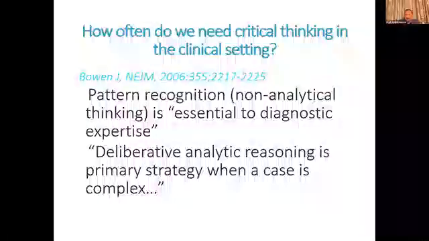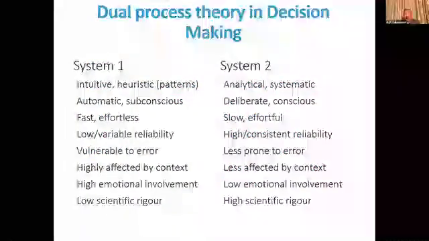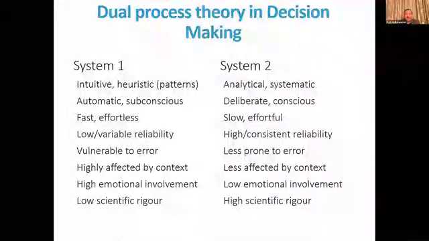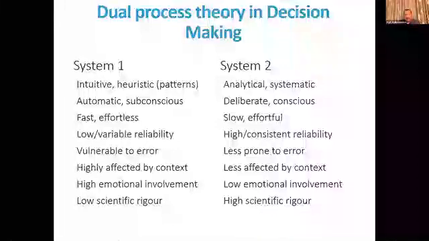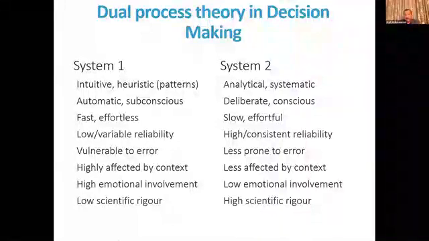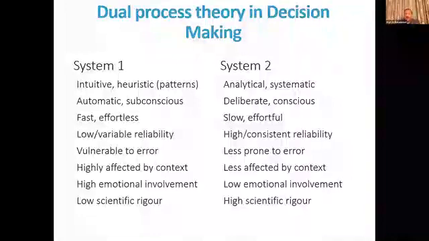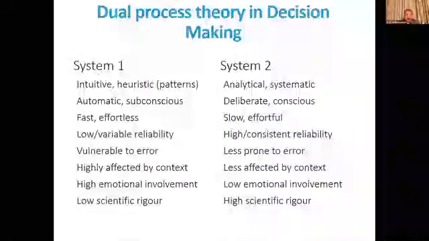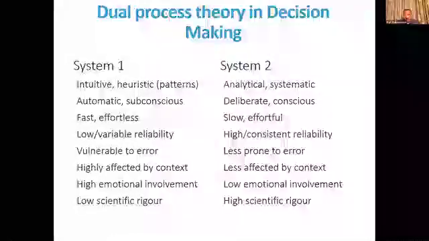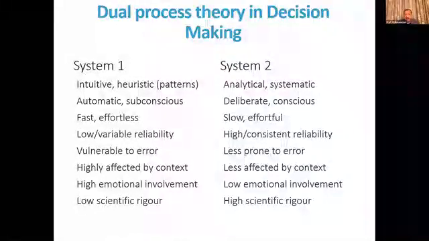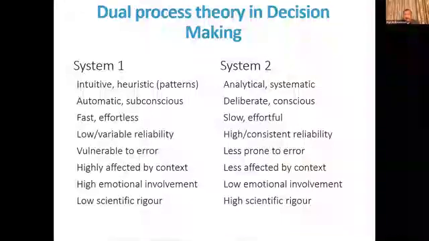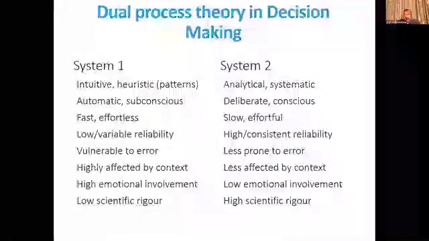What is the difference between these two ways of critical thinking and reasoning? It depends on what is called the dual process theory in decision making. And we have, in general, two systems when we want to reach a decision about anything. We have system one, which is the rapid system that depends on identifying patterns.